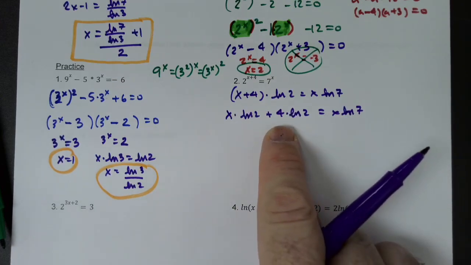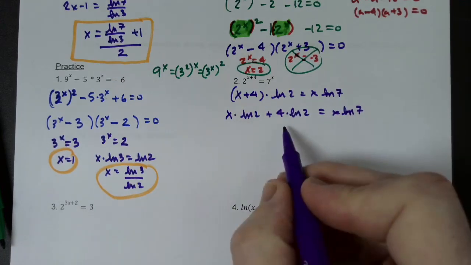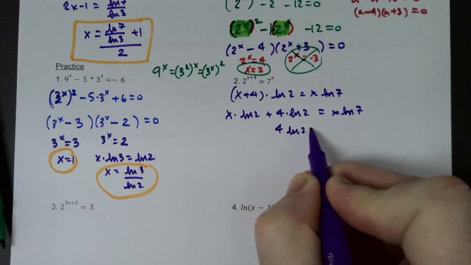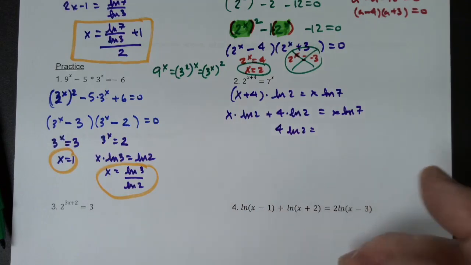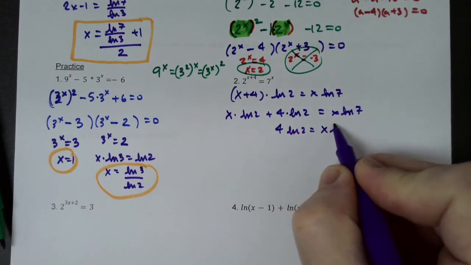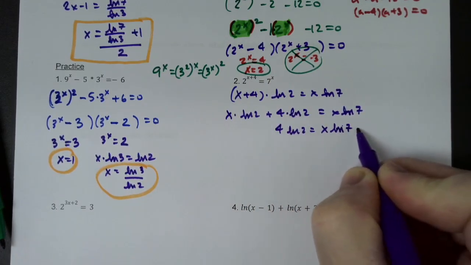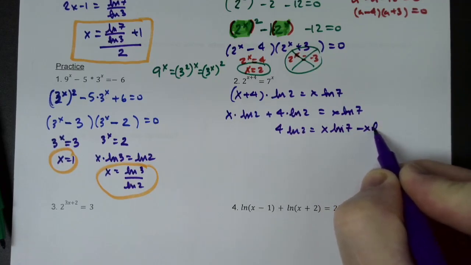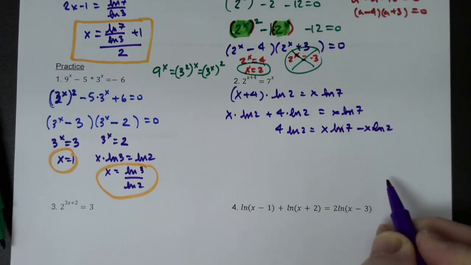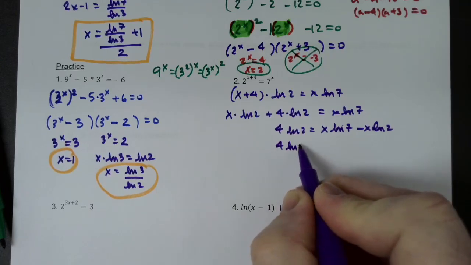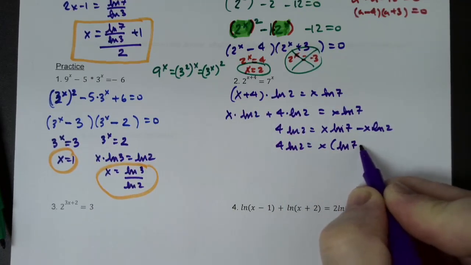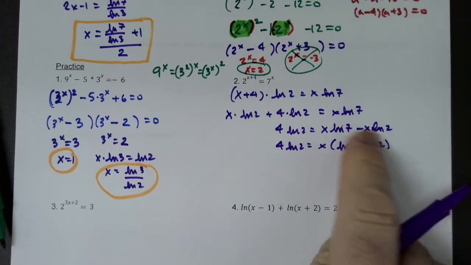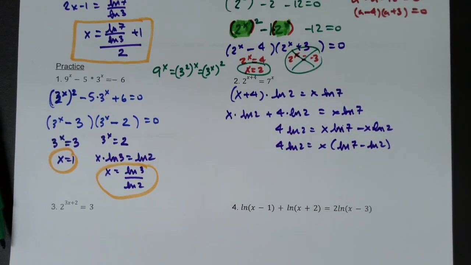This time I'm going to keep this 4 natural log of 2 on the left hand side and subtract this x times the natural log of 2 from both sides. X times the natural log of 7 minus x times the natural log of 2 would be 4 times the natural log of 2, equals x times the natural log of 7 minus the natural log of 2 by factoring out the x.